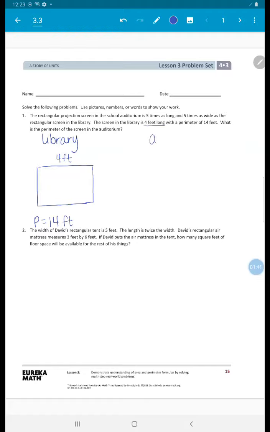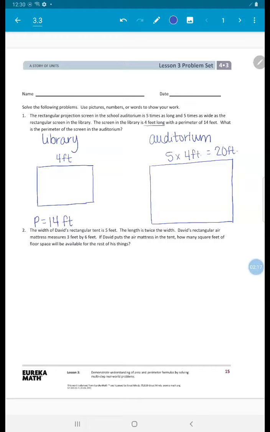We know the projection screen in the auditorium is 5 times as long and 5 times as wide as the one in the library. So all we'll know about the auditorium is that it's 5 times as long as 4 feet. So 5 times 4 gets 20. But we don't know anything else.